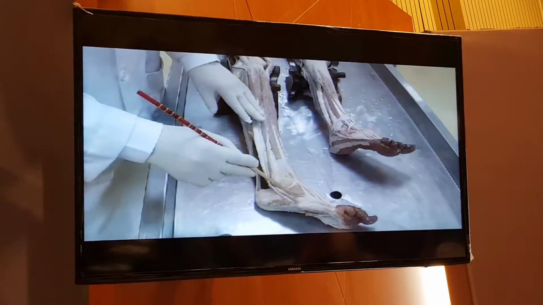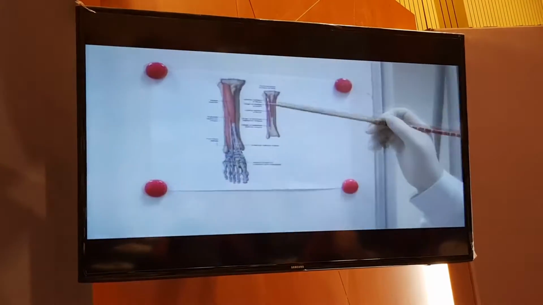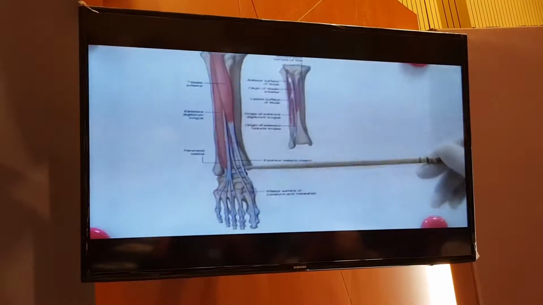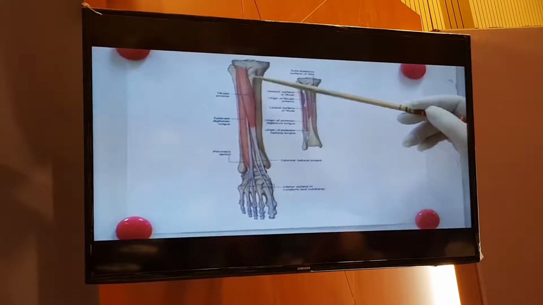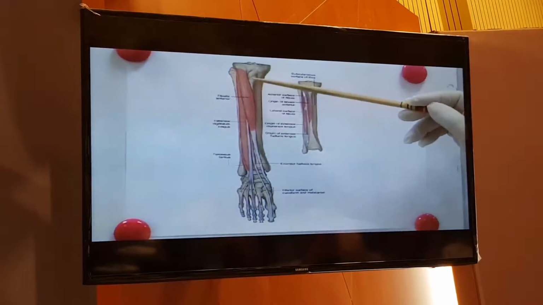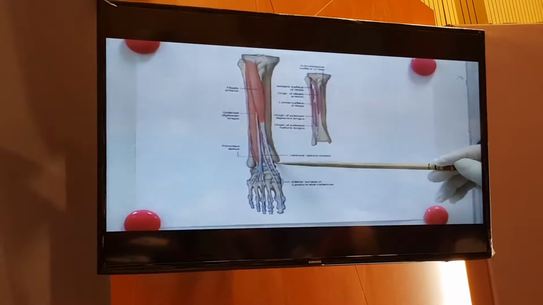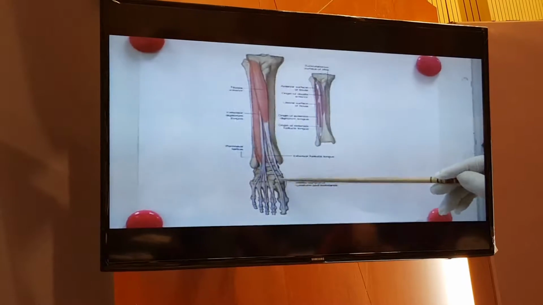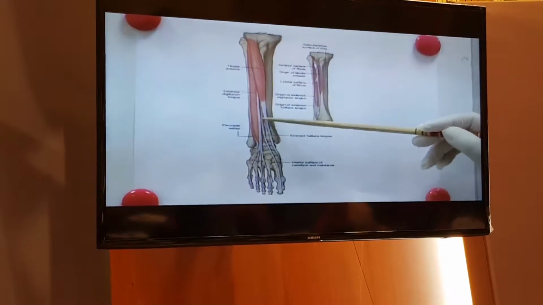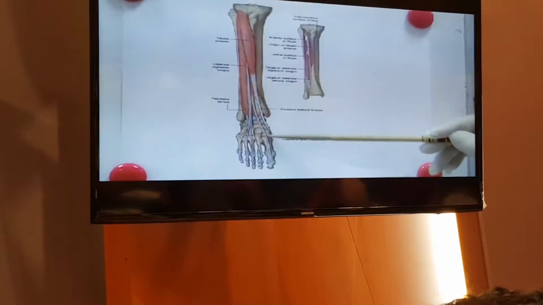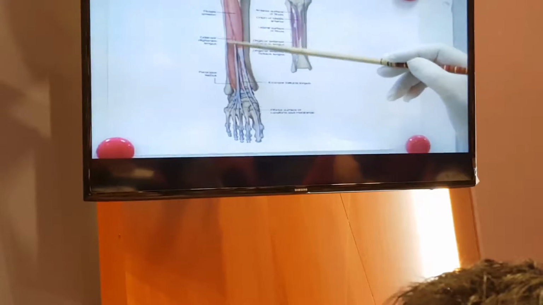Now we are going to the anterior compartment of the leg. In front of the tibia, we have the tibialis anterior muscle. And if you see from here, another one is extensor hallucis longus. Another muscle is extensor digitorum longus.